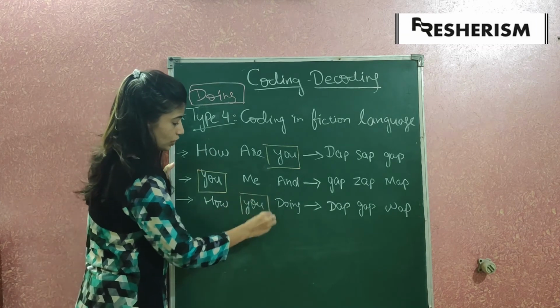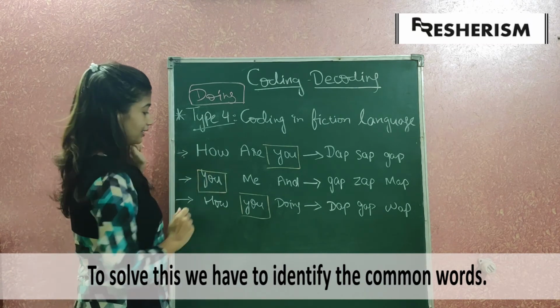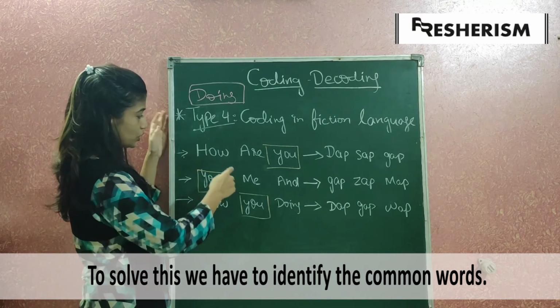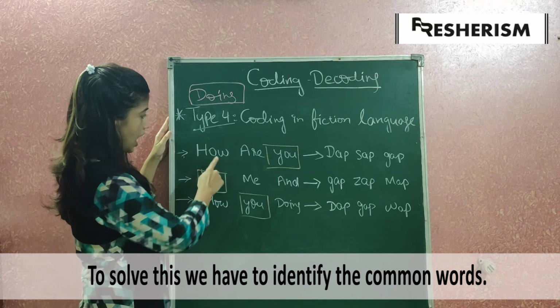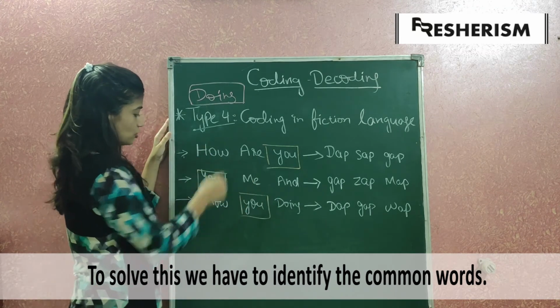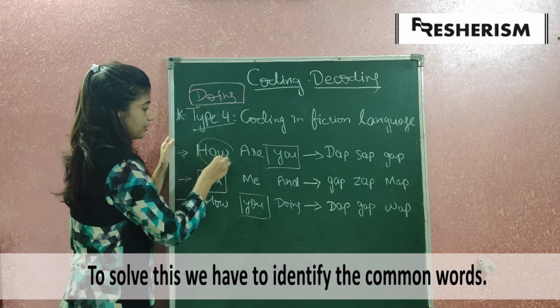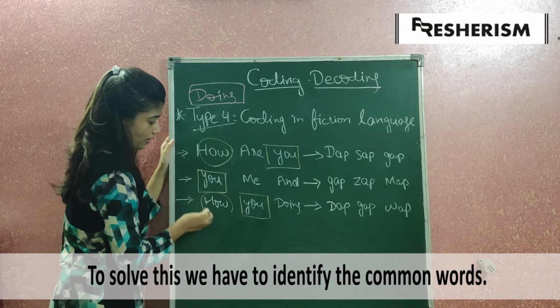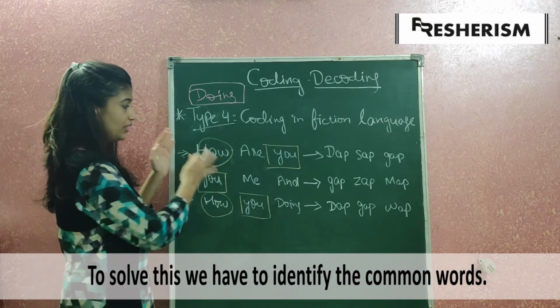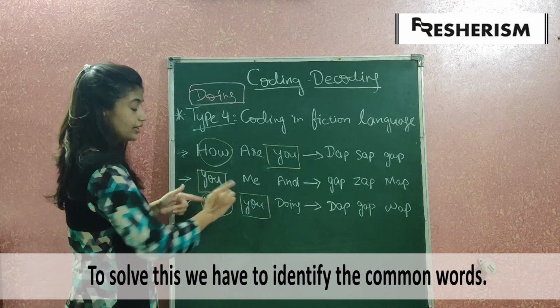So you is common in all of the three sentences. Let's check another: how are, me and, how doing. Yes. So another matching is how, I am putting a circle. Right. So we have identified two matching words, how and you.